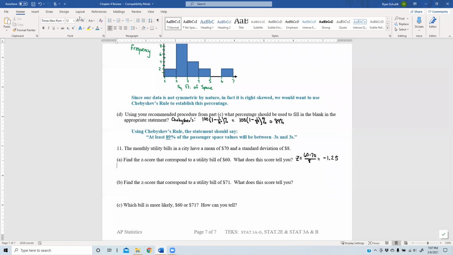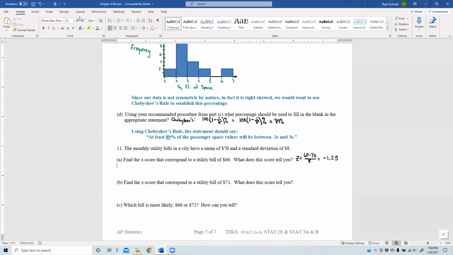Now, with that negative 1.25, we can use the empirical rule here. What is that close to? If we think of our empirical rule, well, we know half of the data would be a z-score of 0.